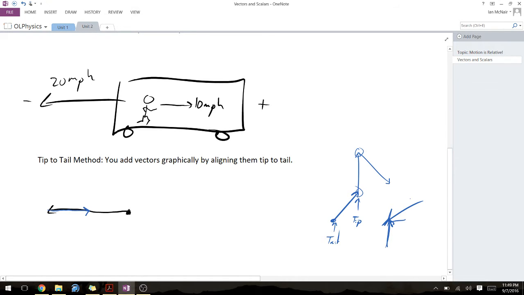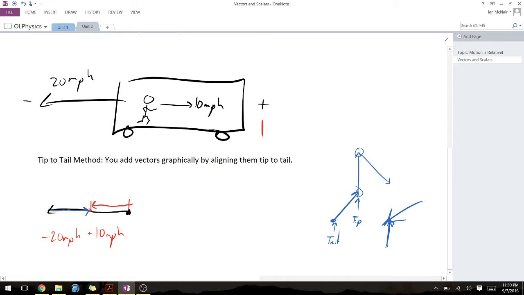So going back to our example, the way that we would calculate the magnitude of the overall vector is we take it from our starting point to our final point, which is right here, and the vector that represents his overall speed in our frame of reference would be the length of this red vector right here. And mathematically, we know that it's actually pretty easy. We have a negative 20 miles per hour plus a positive 10, right?